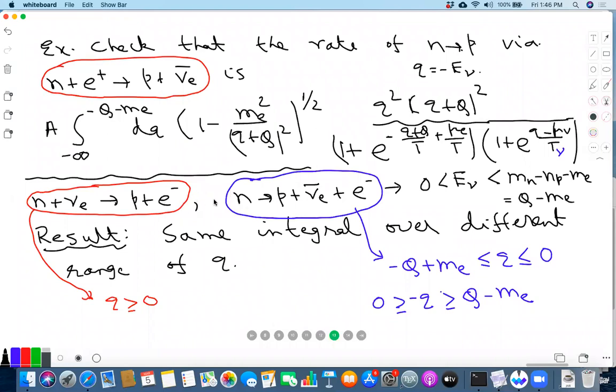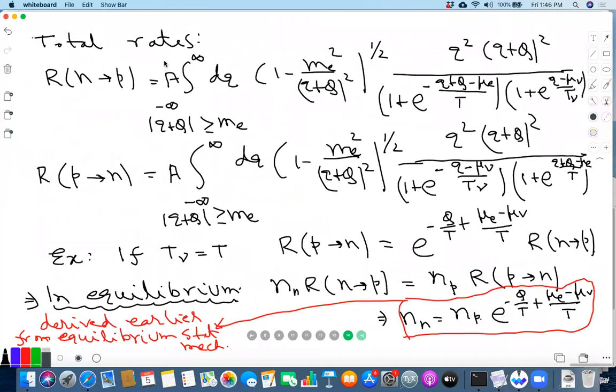That all of these are given by the same integrand, except that the range of Q integration covers from minus infinity to minus Q minus Me for this process. It covers the range 0 to infinity for this process, and it covers the range from minus Q plus Me to 0 for this process. And that's how we got the result for the total rate. We just added up the contributions.